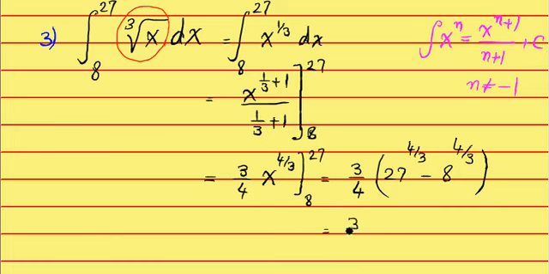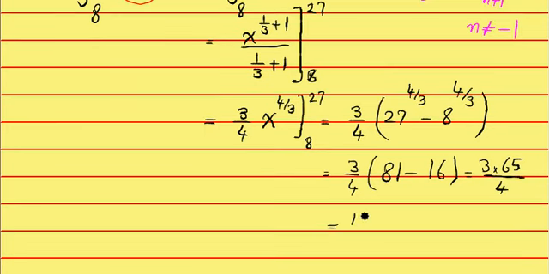So I have to take 27, take the cube root of it, which gives me 3, and raise it to the power of 4, which gives me 81. Same with 8, take the cube root of it, you get 2. 2 to the power of 4 makes 16. Okay, 81 minus 16, that's going to be 65.